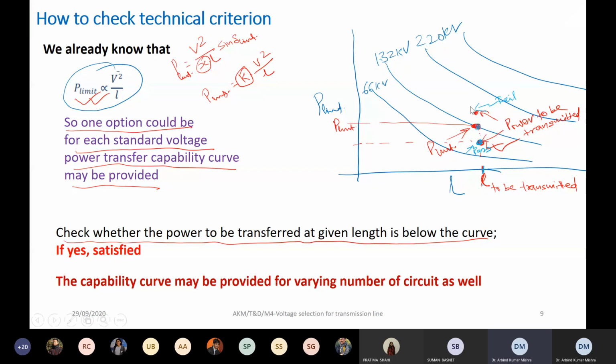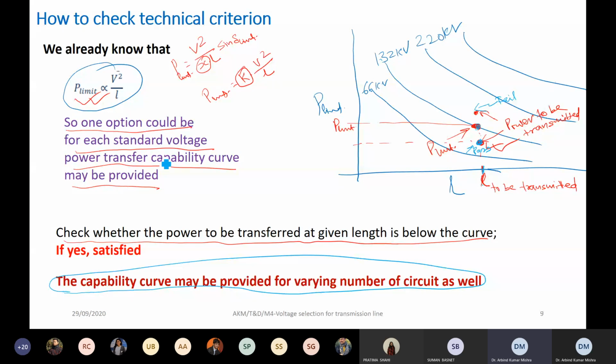Of course, what you have to do is either go for the next higher voltage, or increase the number of circuits. This capability curve now also needs to be available for a varying number of circuits as well.